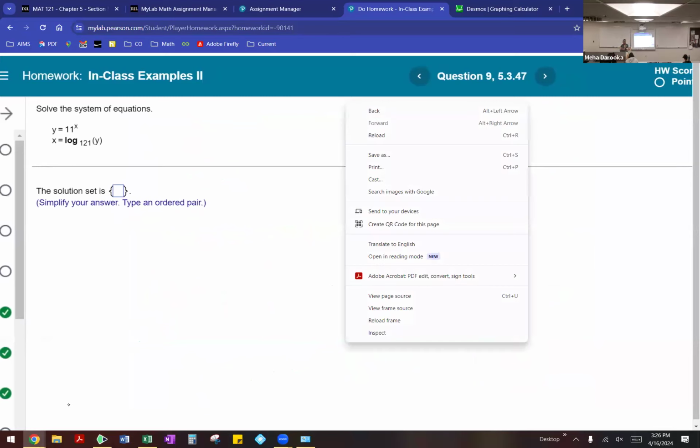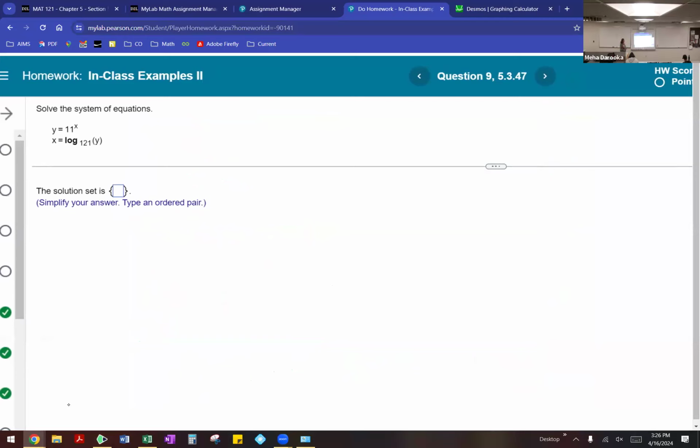As you can see, guys, this is a combination of exponential and logarithmic functions. I mean, we've got y equals 11 to the power of x, and x equals log of y with base 122. So I would definitely recommend you guys use substitution to solve this type of example.